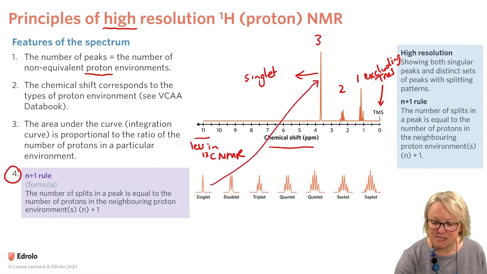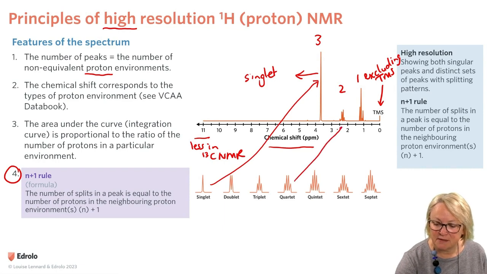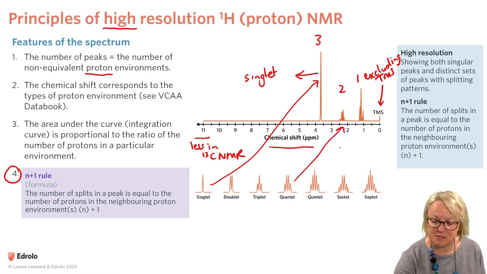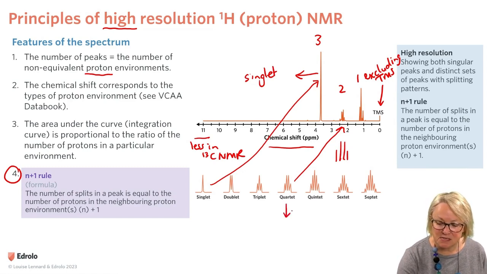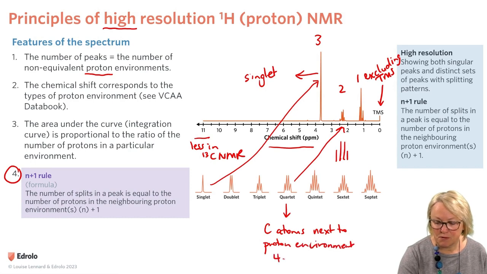But the second one, which looks like AFL football posts, is what we call a quartet. That means next to the quartet, the carbon atoms next to the proton environment have 4 minus 1 equals 3 hydrogen neighbours.